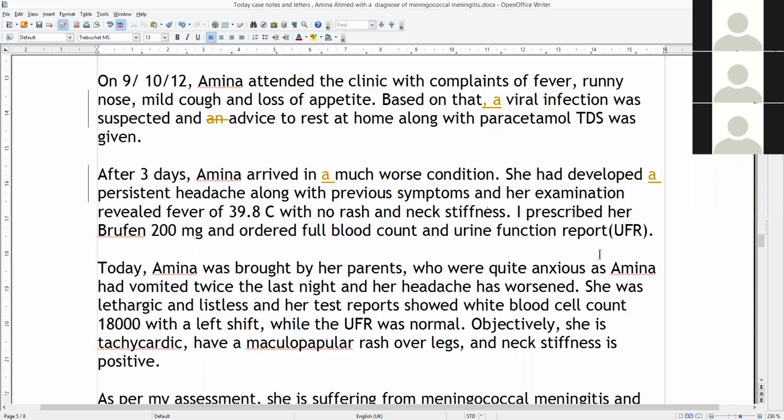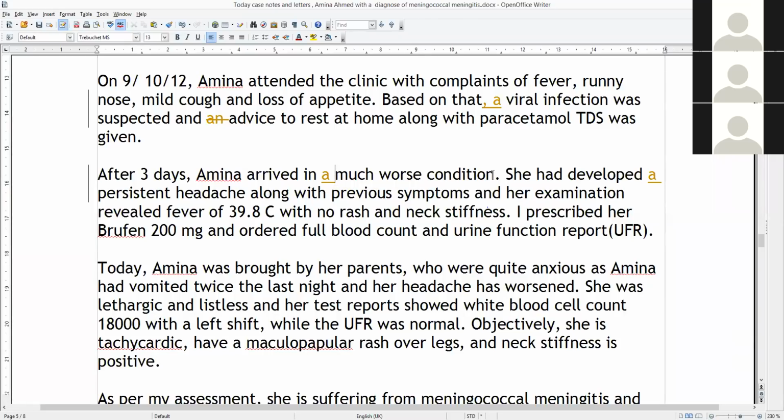And then introduce the new information, the headache, which developed afterwards. And that makes it clear as to the chronology of this series of events. So, the much worse condition, arrived with the previous symptoms were much worse.